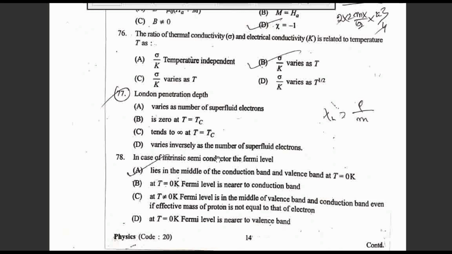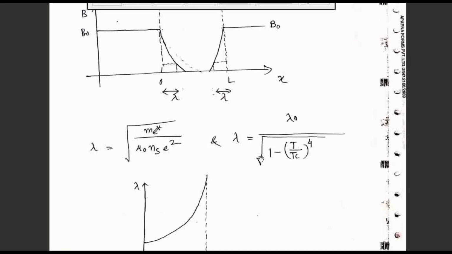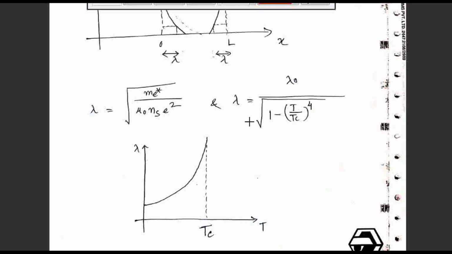Now you see the options. It is given that London penetration depth tends to infinity at t equal to Tc. So which option is correct? Option C is the correct one, as at t equal to Tc it tends towards infinity.